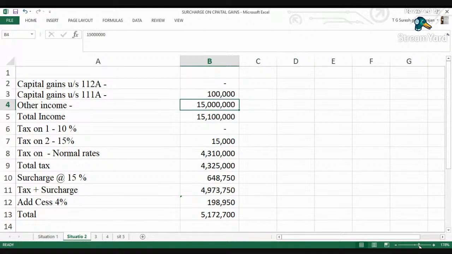This is not 112A, it is 111A of 1 lakh. You'll have 15% tax on the same. On other income, you will have a tax of 43,10,000 because of being a senior citizen, with the first 3 lakh at 0. The surcharge is not a problem. Both tax plus surcharge come to 5172700. You can put a clap for yourself. Very nice. Surya and others very rarely miss, but it doesn't matter. Sometimes when you make a mistake, you always learn better. If you need to go through the answer, maybe you can go through it.